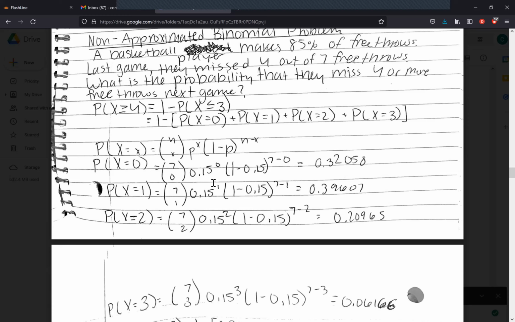So that's going to be to the 0th power, because we're looking for the probability that they miss 0 free throws, times 1 minus 0.15. This is the probability that they make free throws, again, 85%, and this has the power 7, the total number of free throws, minus 0. And if you do all those calculations, you'll get 0.32058.